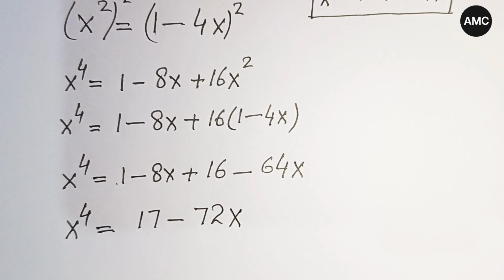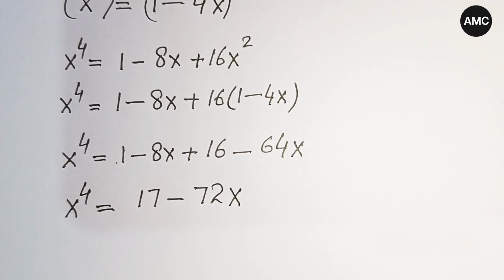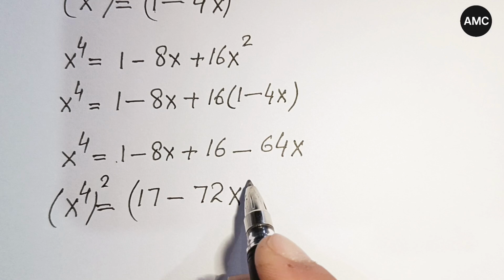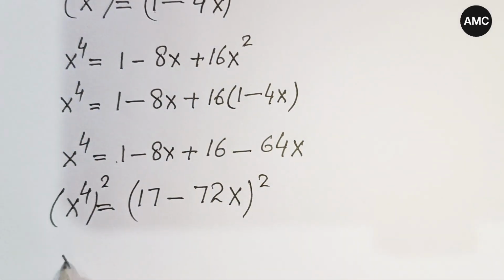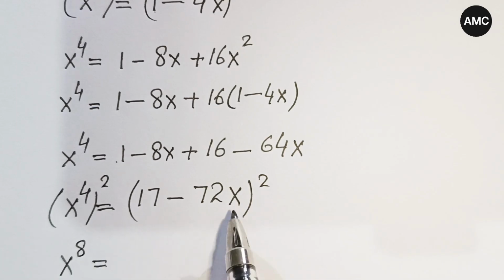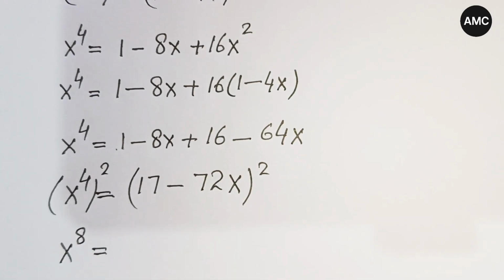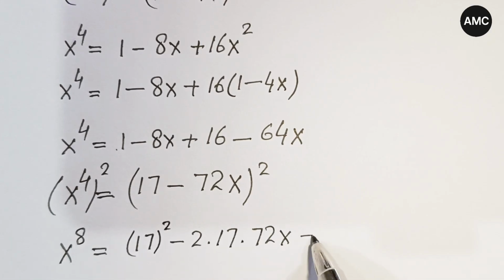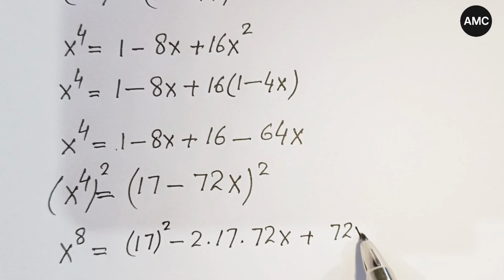Now as we have to find the value of x to the power 8, taking square again on both sides, here x to the power 4 times 2 is 8, that is equal to a minus b whole squared. So here we have 17 squared, minus 2 times a, which is 17, b is 72x, and plus b squared, which is 72 times x whole squared.